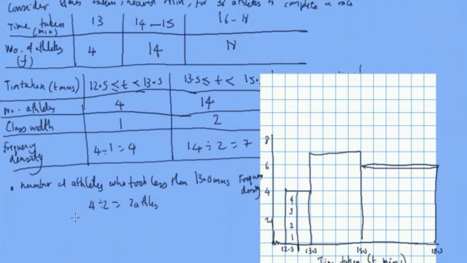So the next question is the number of athletes who took between 14.5 and 17.0. So 14.5 is going to be here, and 17 is in the next class.